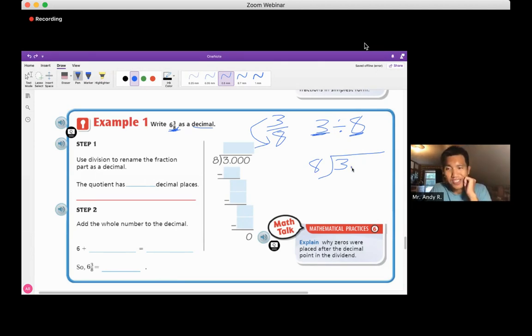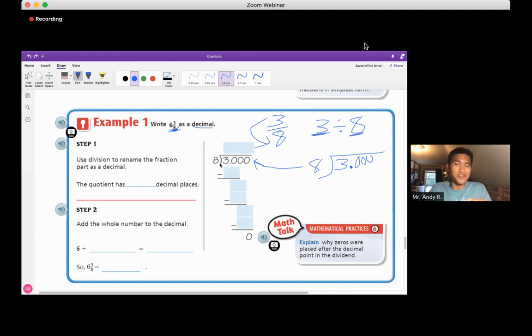Remember I said decimals. 3 also means 3.0. So we're going to add some zeros with 3, and then now we can divide.